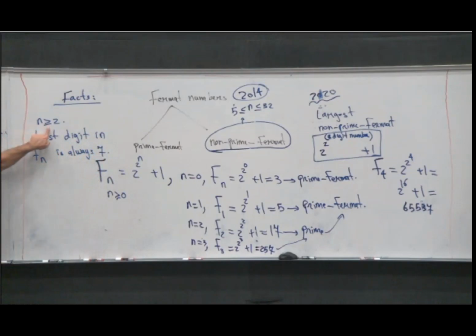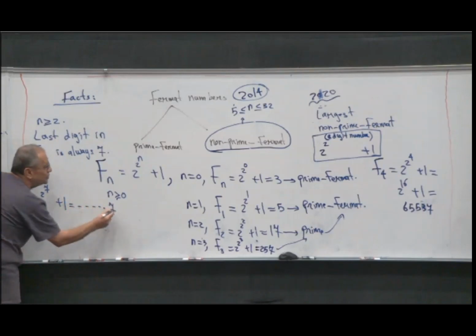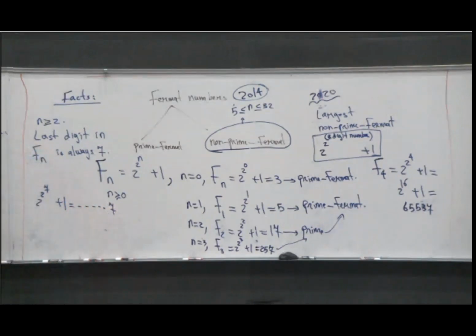So if you calculate, like, 2 to the 7 plus 1, this is a Fermat number. We don't know whether it's prime or non-prime. But what we know, when you calculate this number, the last digit should be 7.